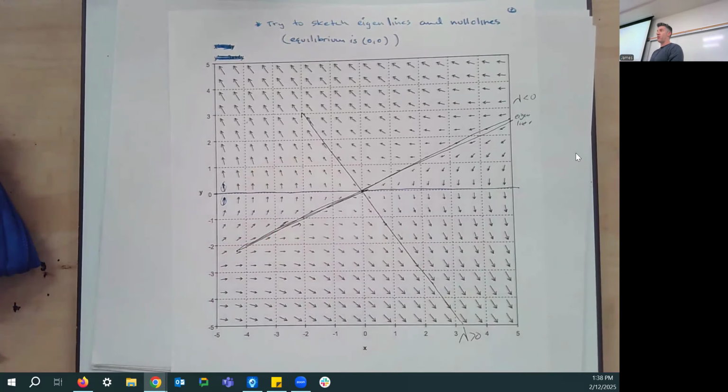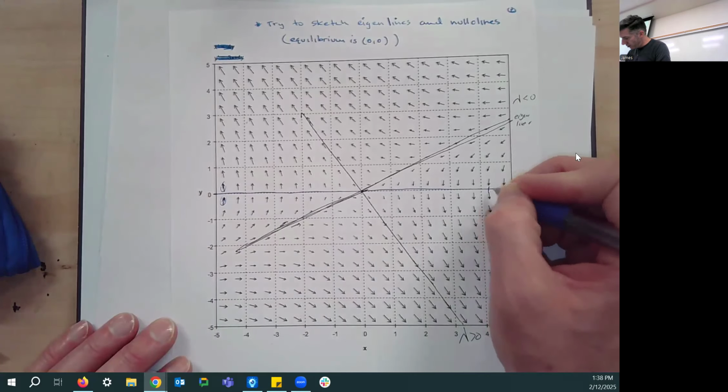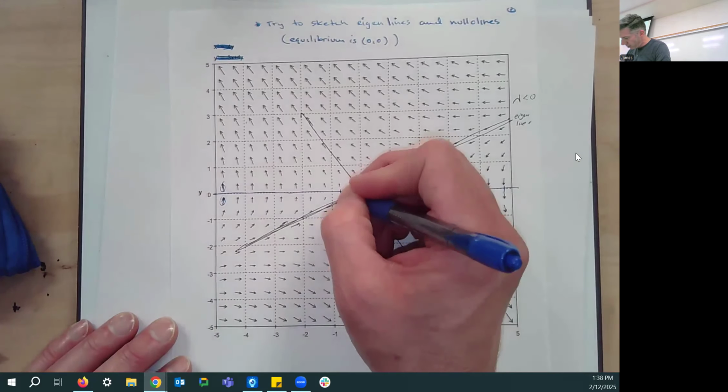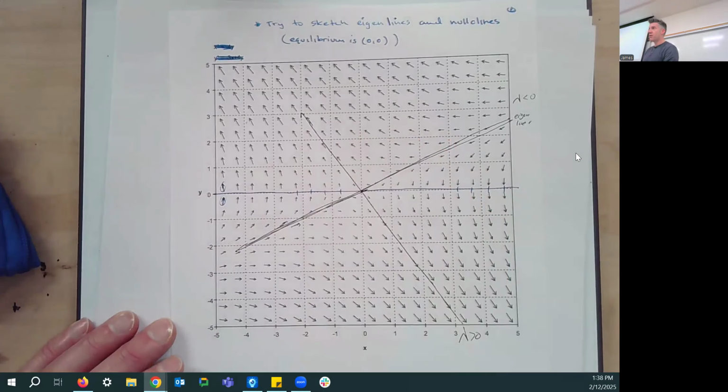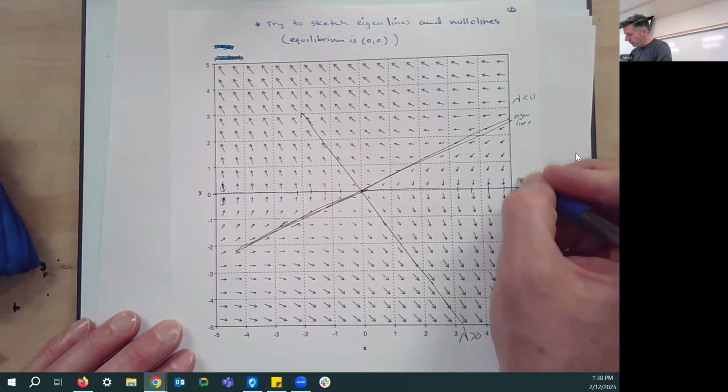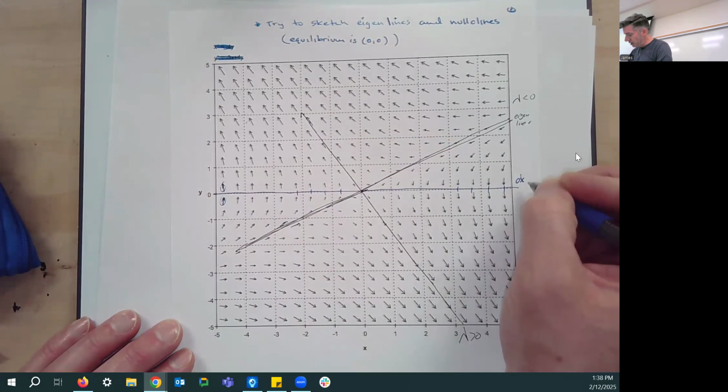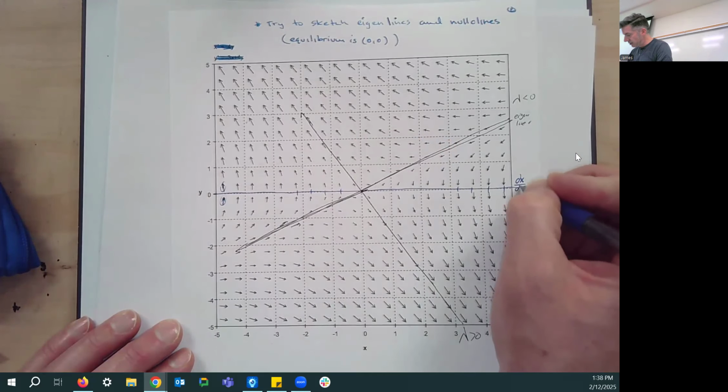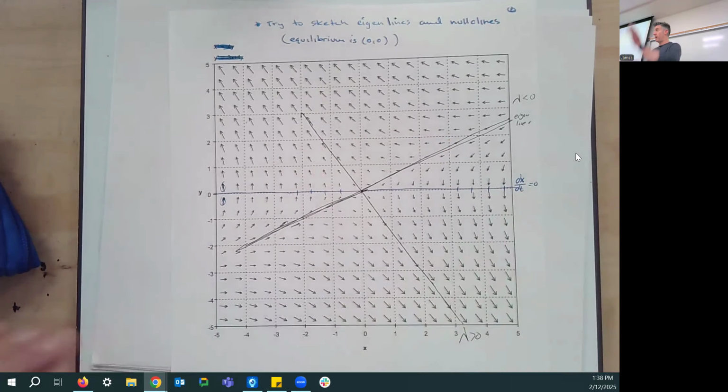All the arrows on that line would be totally pointing down, down, down, down, and over here, up, up, up, up. So along this line, you'd have dx/dt equal to 0, right? If your line is vertical, there's only change in y, there's no change in x.